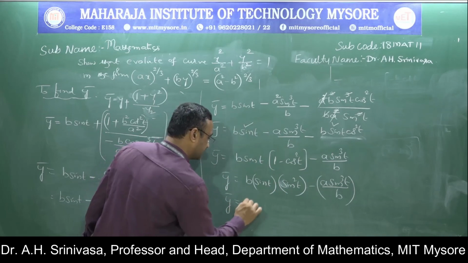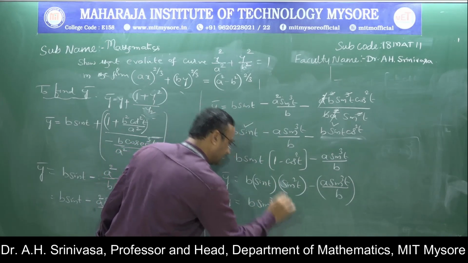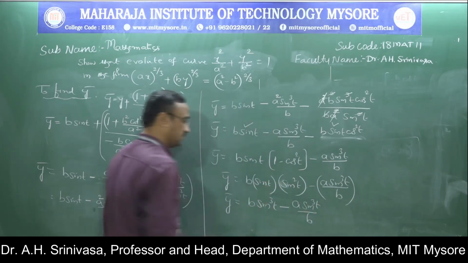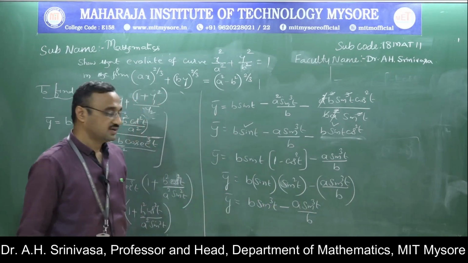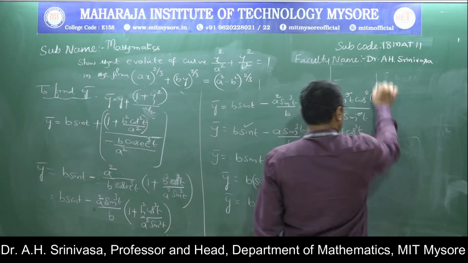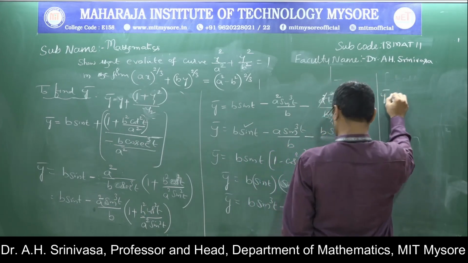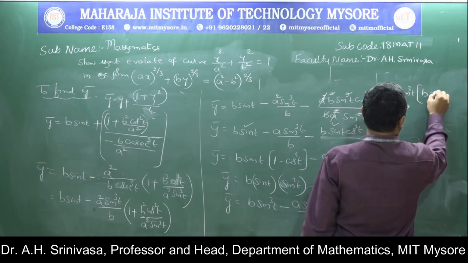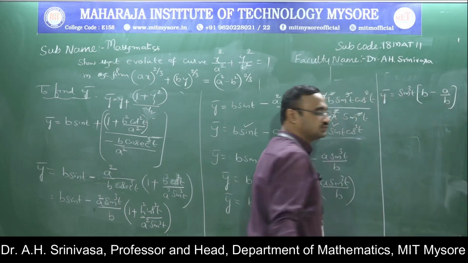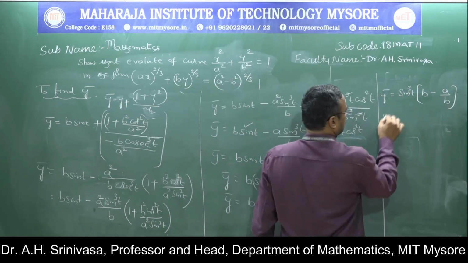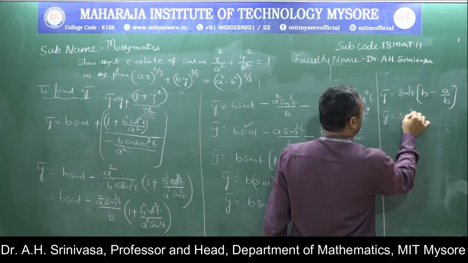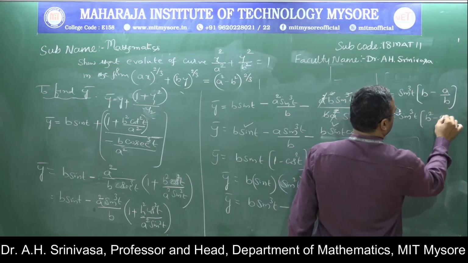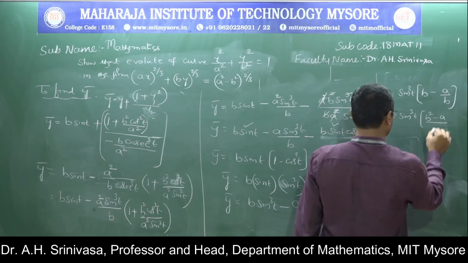Now the product of this gives b sin cube t minus a sin cube t by b. From these two take a common factor of sin cube t, then y bar equals sin cube t into b minus a by b. To simplify, this becomes sin cube t into b square minus a divided by b.